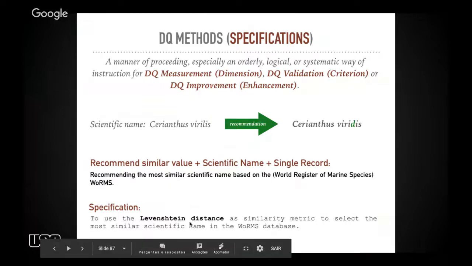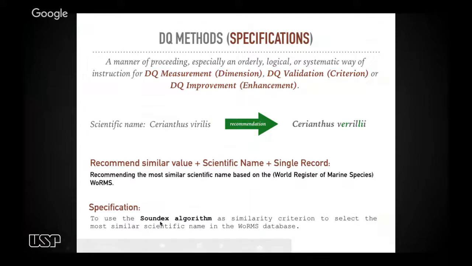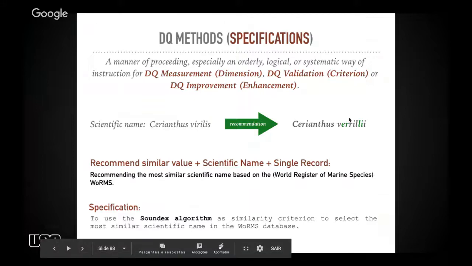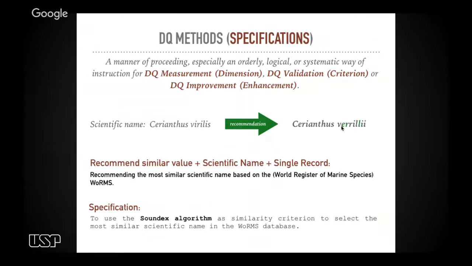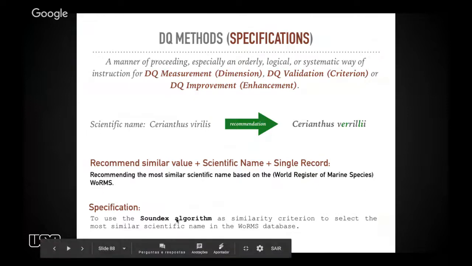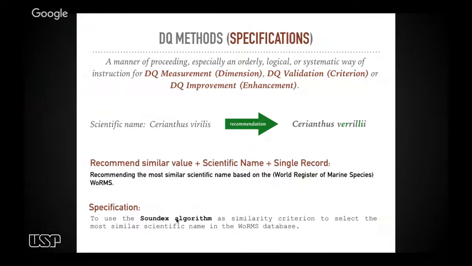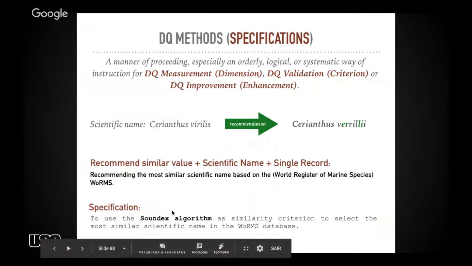But if I have a different method, instead of Levenshtein, using the Soundex algorithm, the result would be different. Instead of Serianthus viridis, I would have Serianthus virili, because the similarity criterion is different. So I would have a different result depending on my specification, my method.